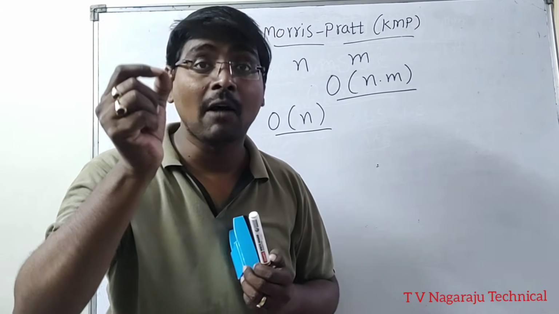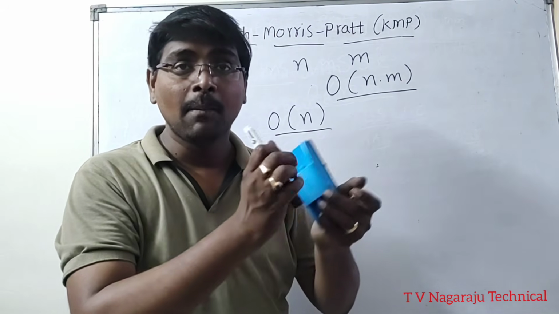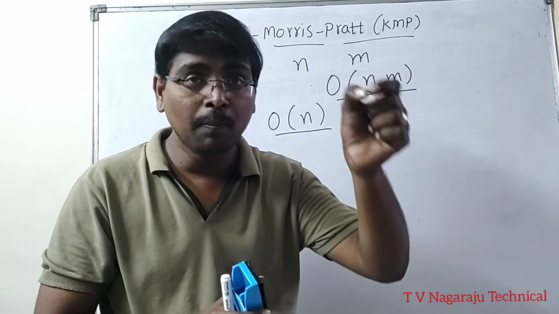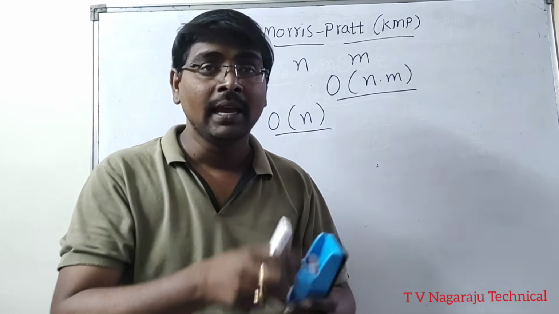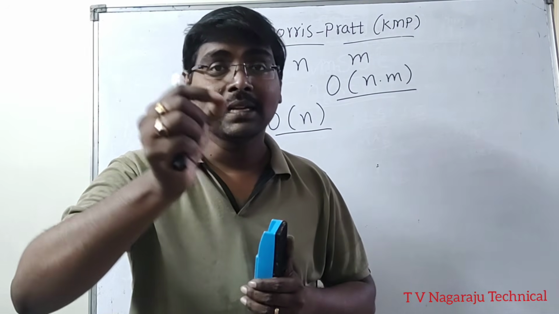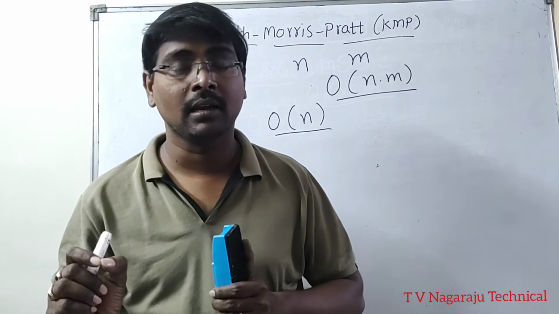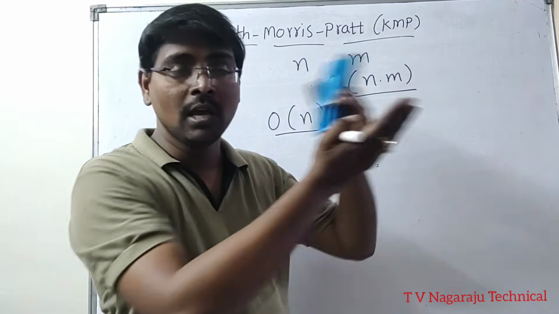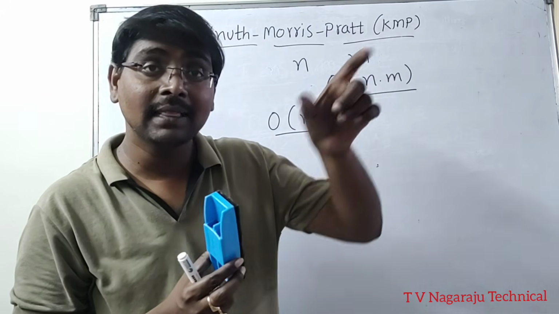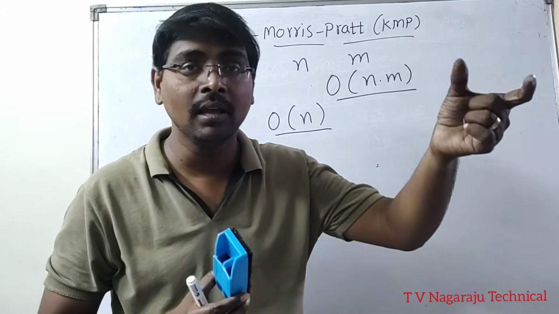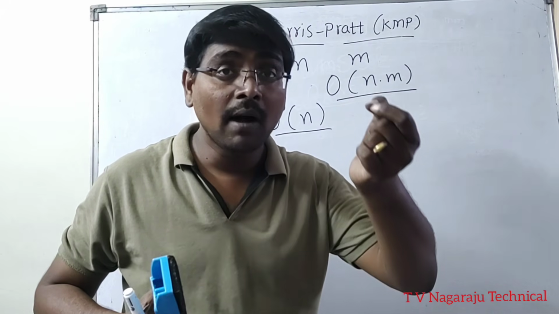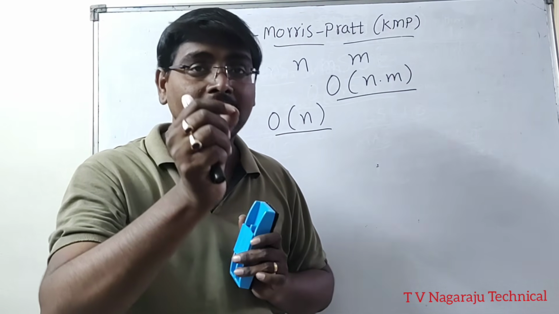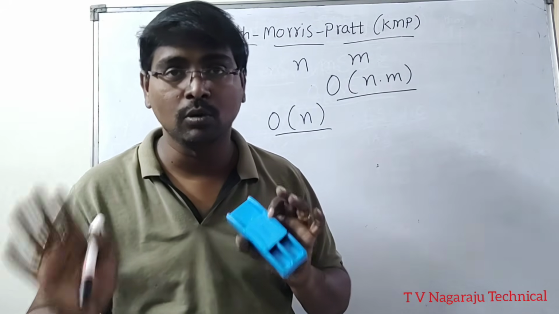You need to avoid comparison of an element of the text that has previously been compared with the same element of the pattern. That means the comparison is already done, and you need to avoid doing it one more time. That means backtracking is not needed.